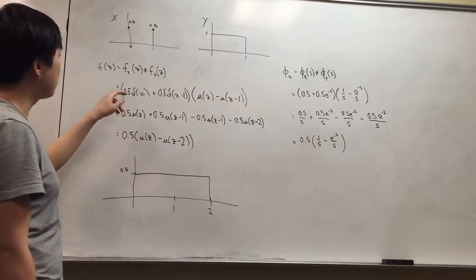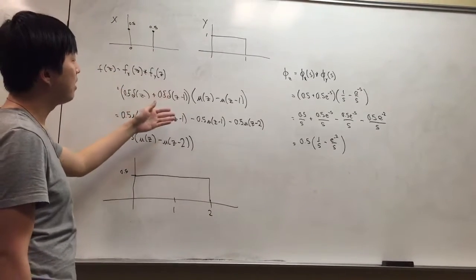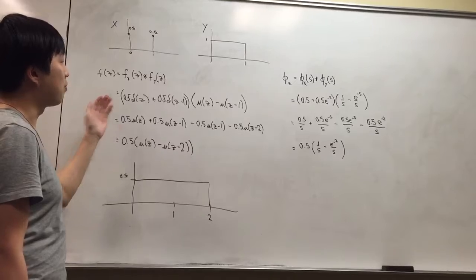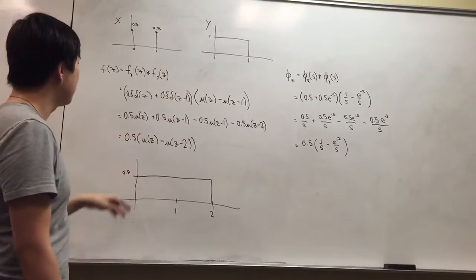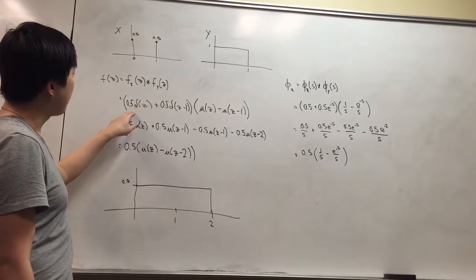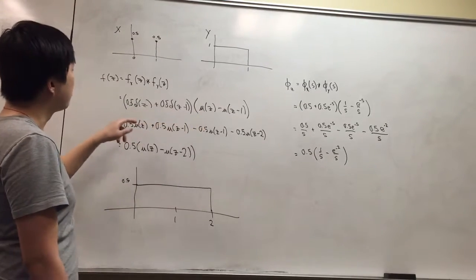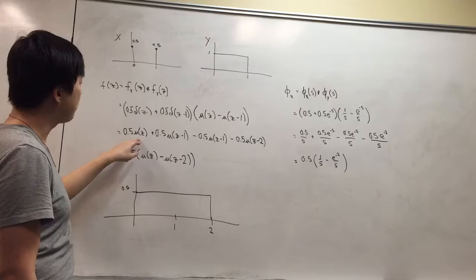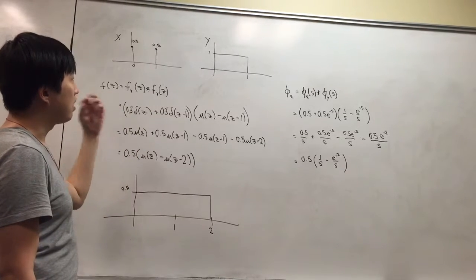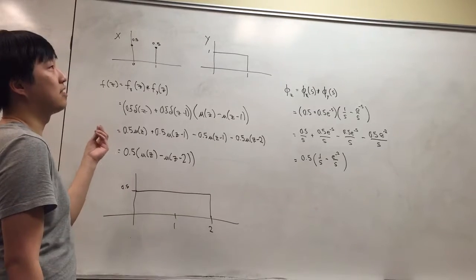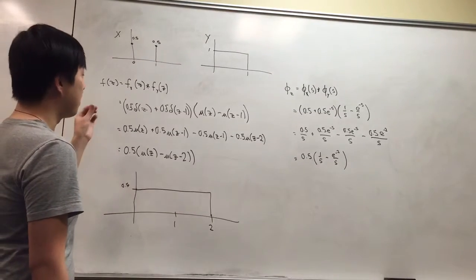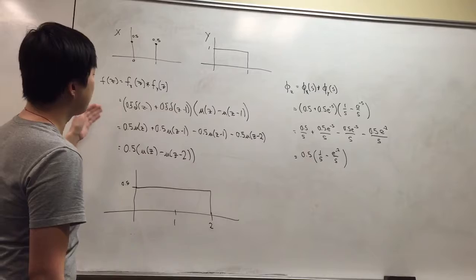When you do a convolution in the time domain, it ends up just being a product of the two functions. So you just simply fold it out. 0.5 times the impulse times the unit step just becomes 0.5 times the unit step, because the impulse has no width and infinite height, so it's effectively just 0.5 in terms of area.